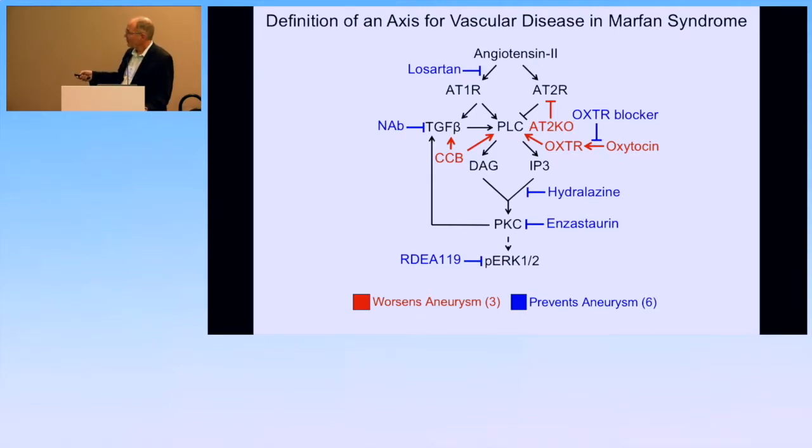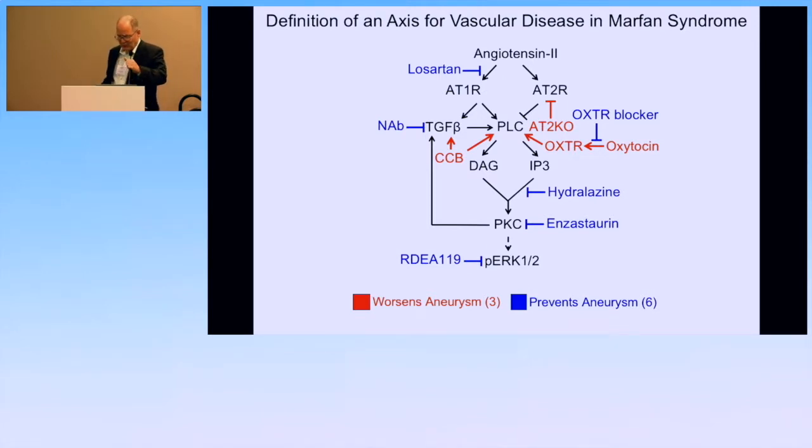All the interventions that we predicted would worsen aneurysm, shown in red, indeed lead to aneurysm progression, and all the interventions that we predicted would suppress aneurysm indeed had that desirable effect. Importantly, oxytocin signaled through the oxytocin receptor, which works by activating the PLC, IP3, PKC, and ERK axis.